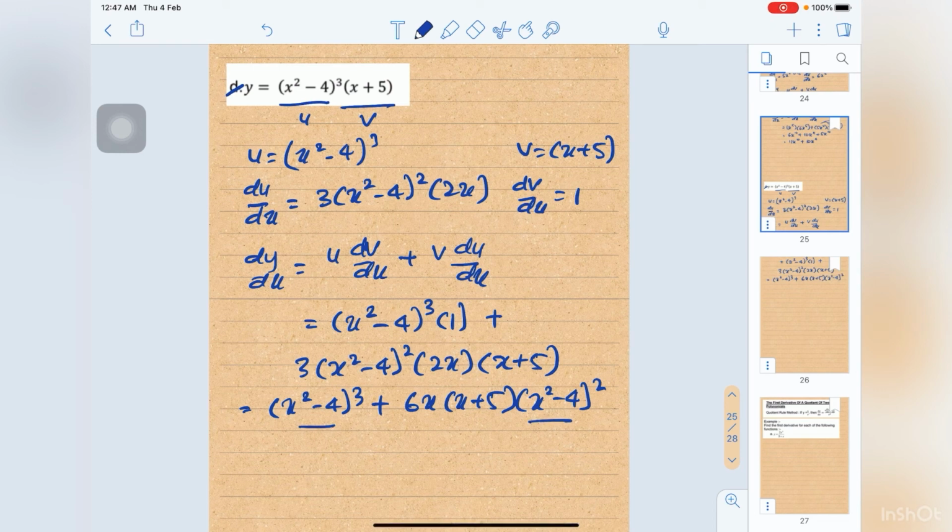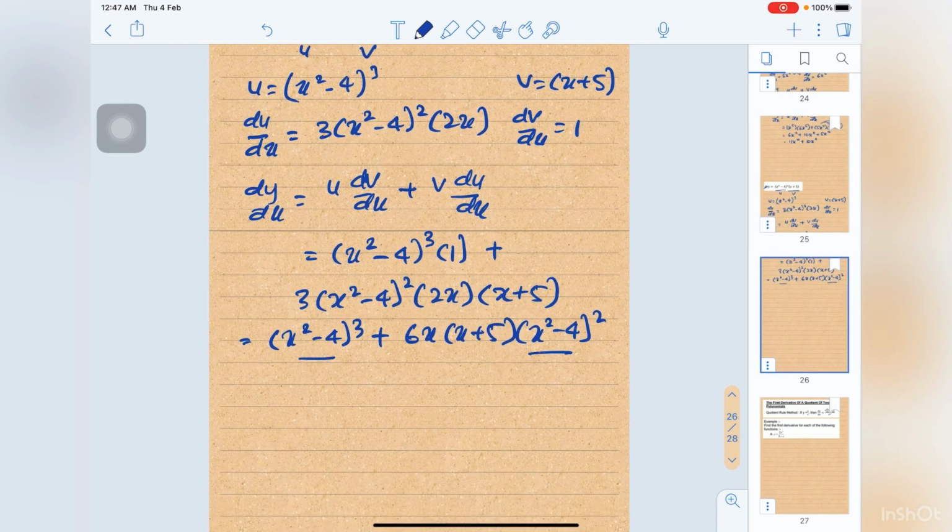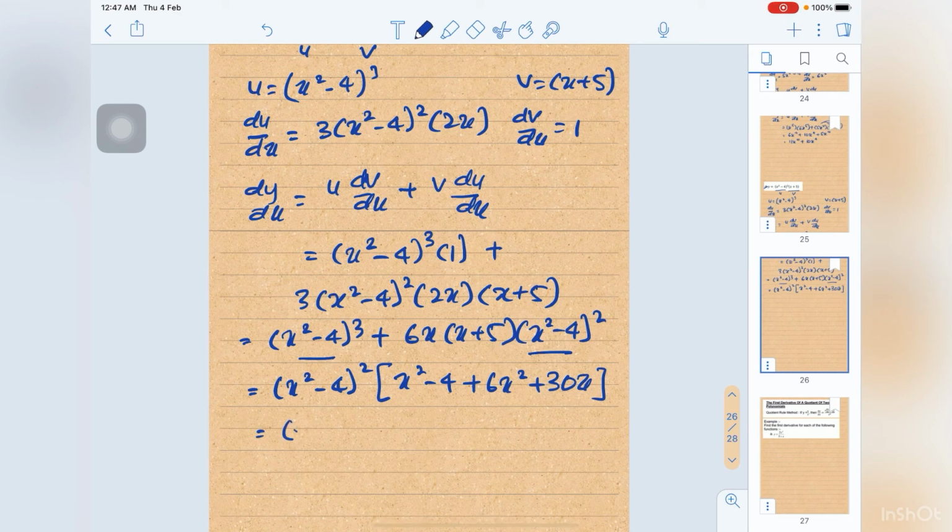Here we can factorize. We choose the smaller power, so (x squared minus 4) squared. This one becomes (x squared minus 4) plus 6x squared plus 30x. The rest we just simplify. So it is 7x squared plus 30x minus 4, which is the final answer.